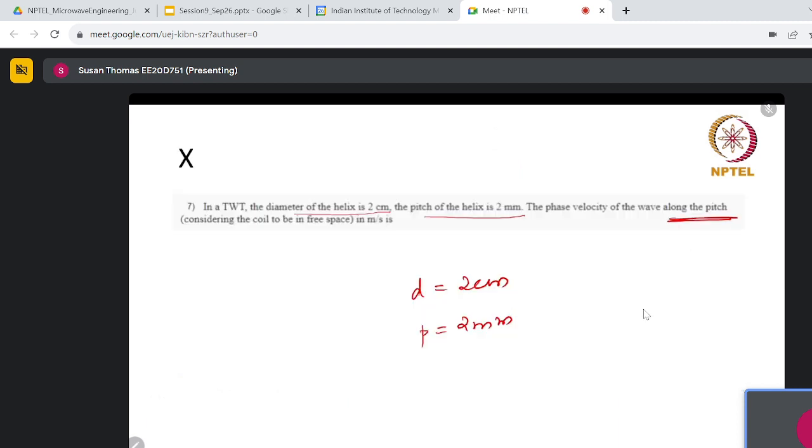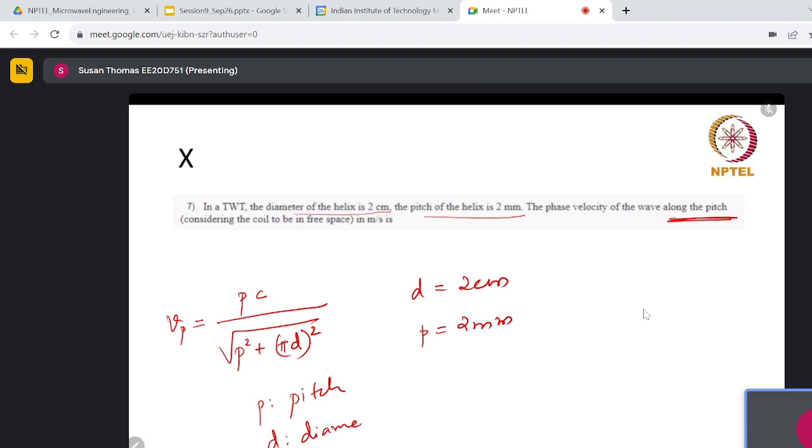So there is an equation for that. Vp is P into C divided by square root of P square plus pi D the whole square, where P is the pitch of the helix and D is the diameter of the helix, from which you can calculate the phase velocity.